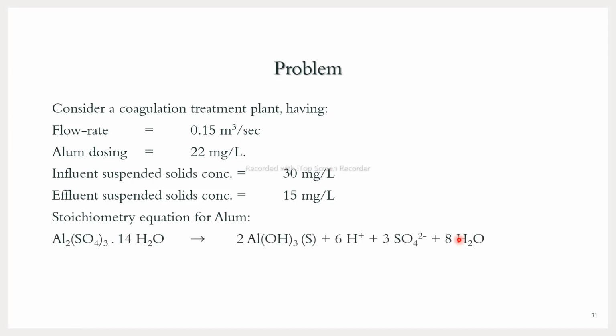The stoichiometry equation of alum is Al2(SO4)3·14H2O, which gives 2Al(OH)3, aluminum hydroxide, as solid precipitate, plus 6H+ plus 3SO4 2-, basically this H2SO4, plus 8H2O.